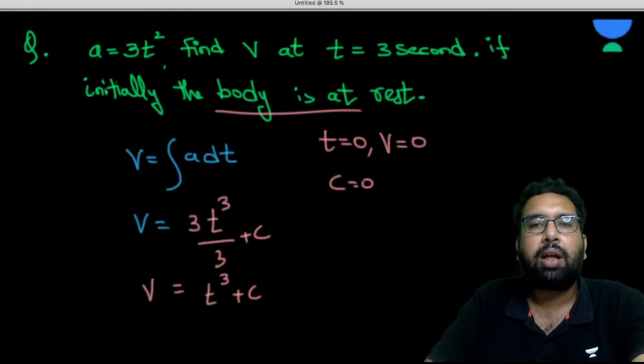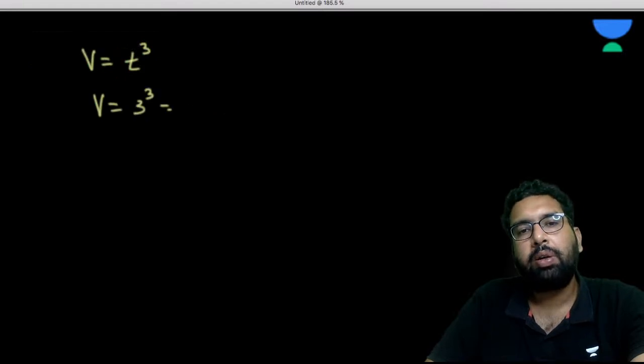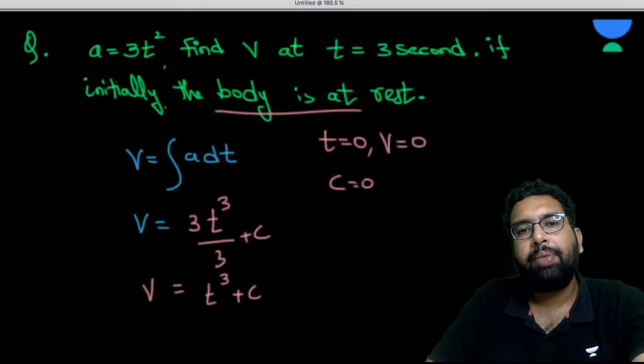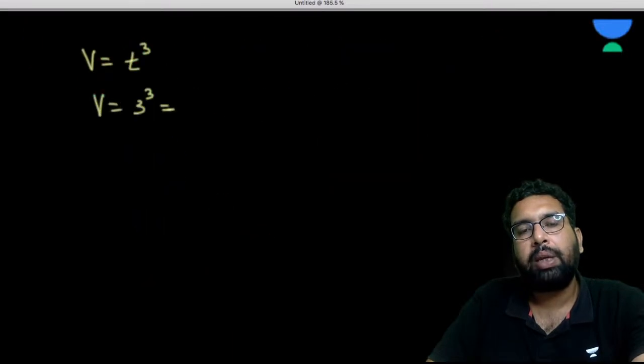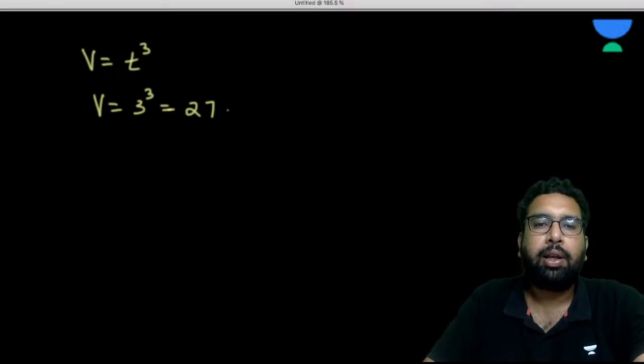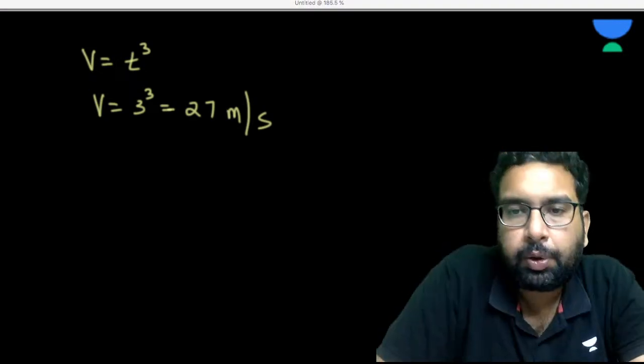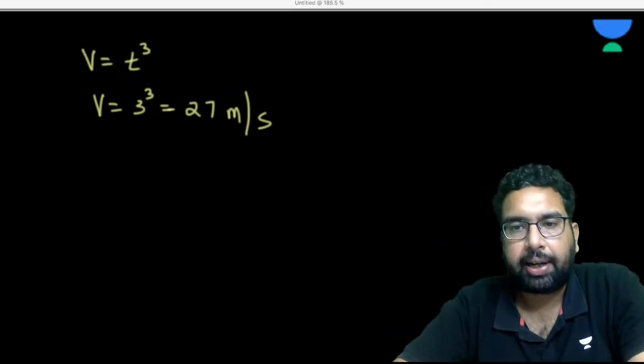Now it is asked what is the velocity at 3 seconds. So we can put 3 here. This is going to be 3 cube, that is going to be 27. Okay, 27 unit. I hope it is fine to everyone. So 27 meter per second. Right?